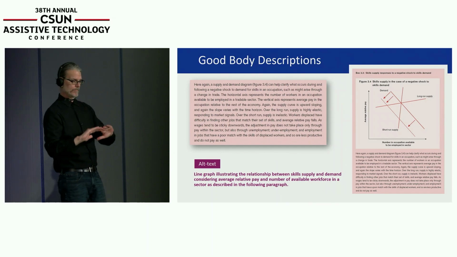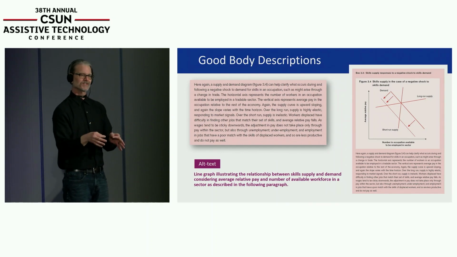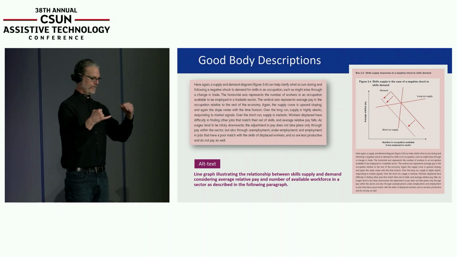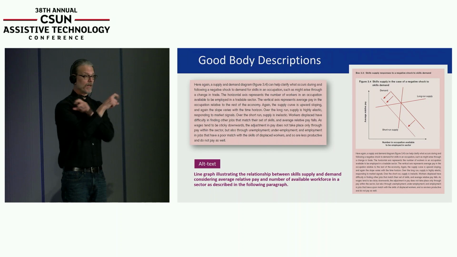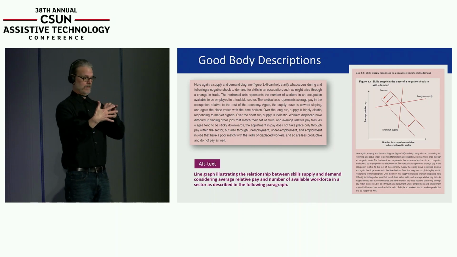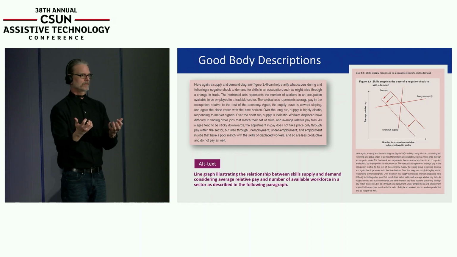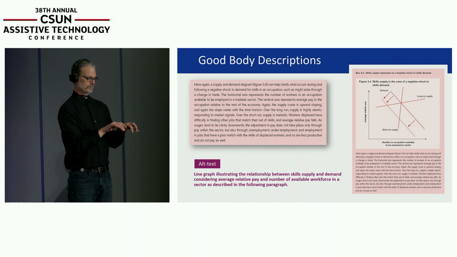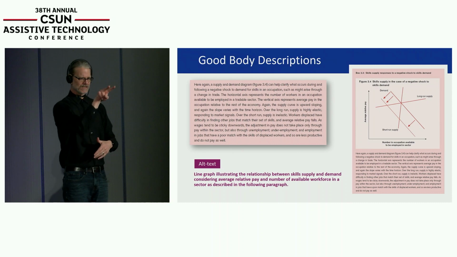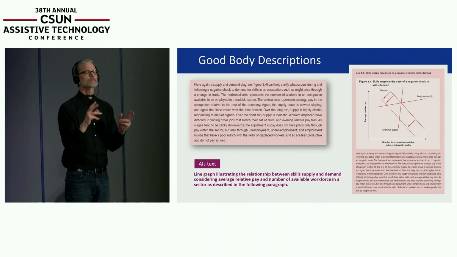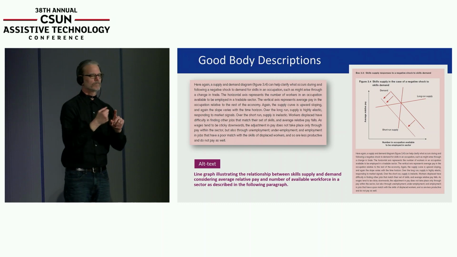Body descriptions are always really important. When you can use them, you should. In fact, this is a real example of a line graph that shows 5 different complex data points that talks about skills and demand. And as I was writing alt text for this, I had to read all the body copy to try to figure out what was going on. The good thing was, it was super descriptive, and it gave me a really great understanding of what was going on.